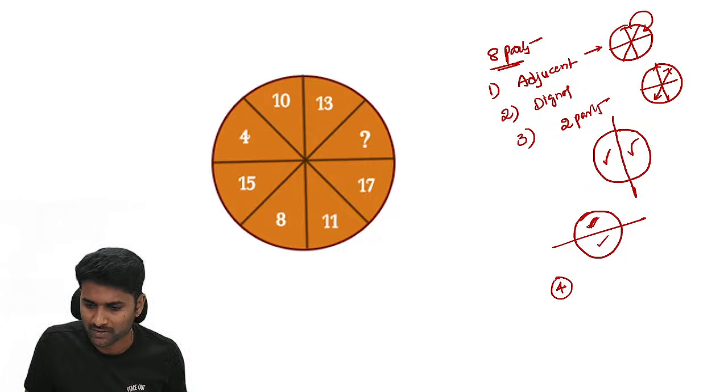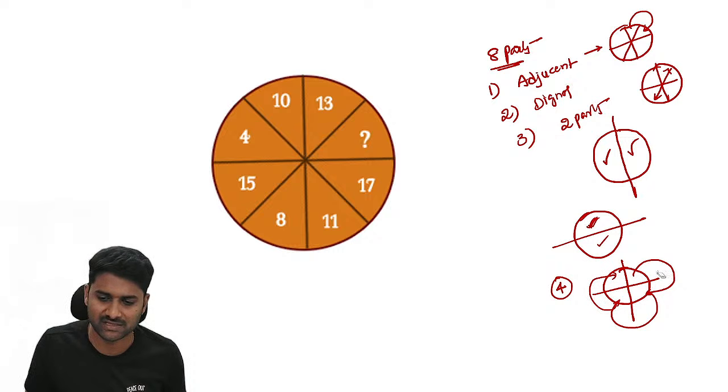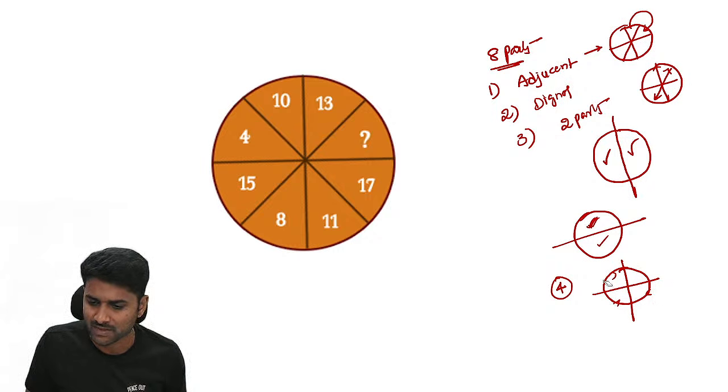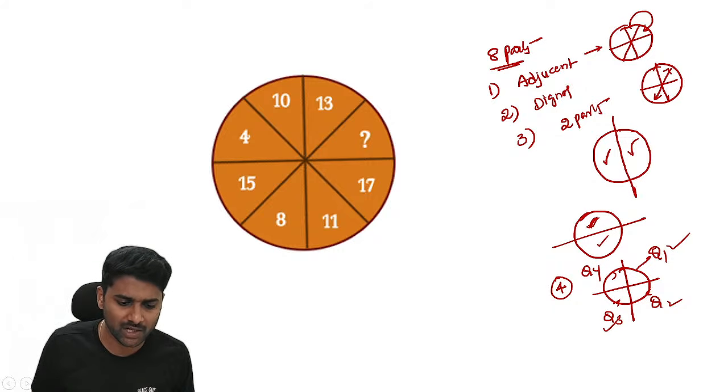Or fourth, you can divide it into four parts. From here to here it can increase, here to here it increases. Otherwise, let's take quarter 1, quarter 2, quarter 3, and quarter 4. Sometimes the quarter 1 value is equal to quarter 3, and the quarter 4 value is equal to quarter 2.